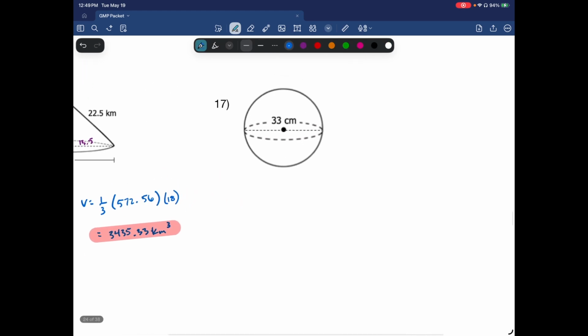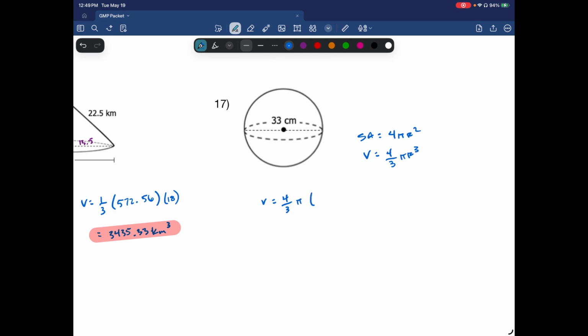All right, like I said before, the surface area and volume formula of a sphere. The surface area was 4 pi r squared. The volume is 4/3 pi r cubed. So it's really simple. The volume is 4/3 pi.